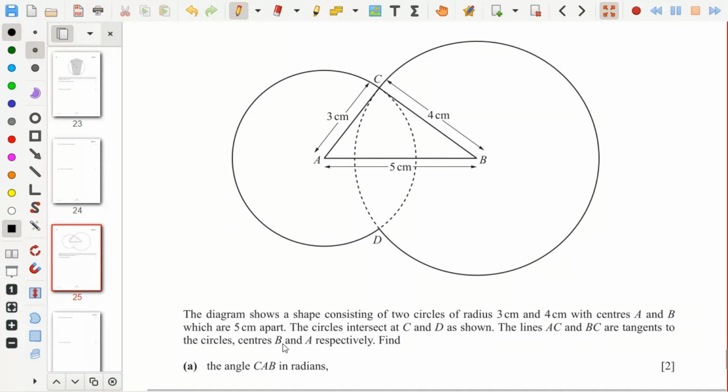Okay, the centers are B and A. Now the radii of the circles are 3 and 4. Find angle CAB. So the angle here.